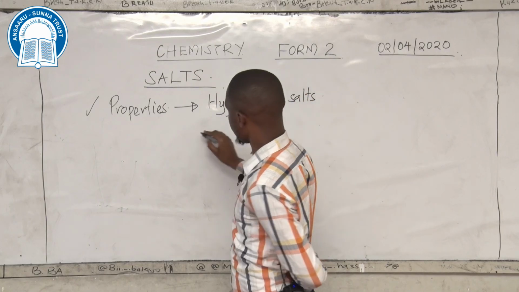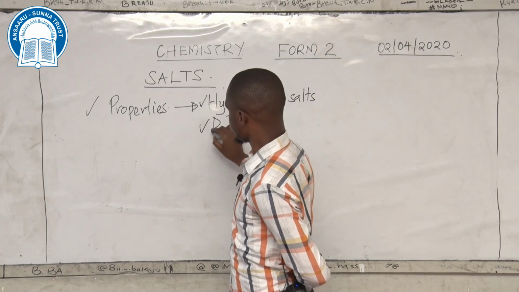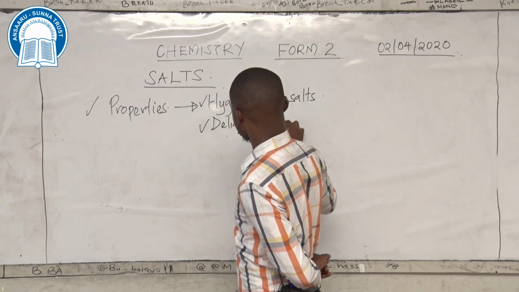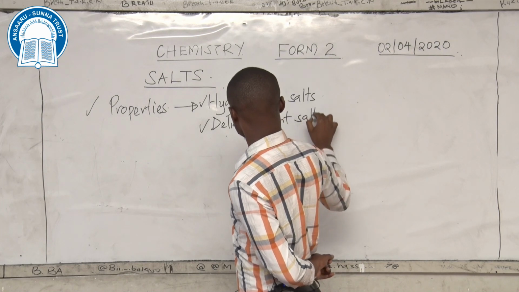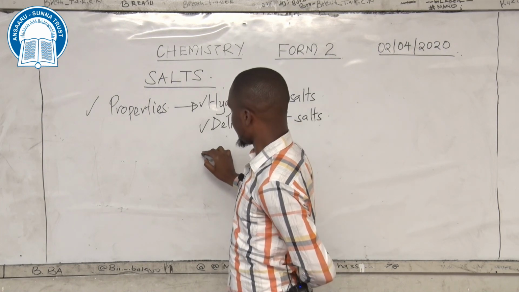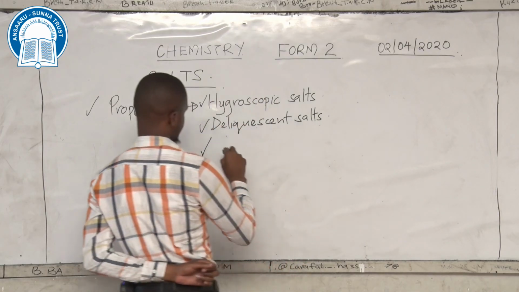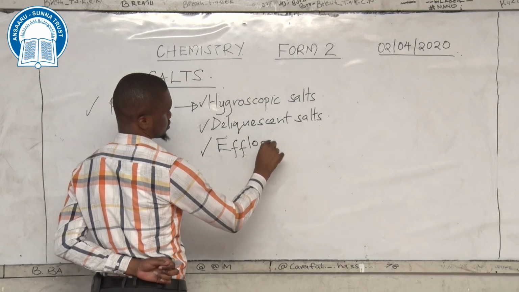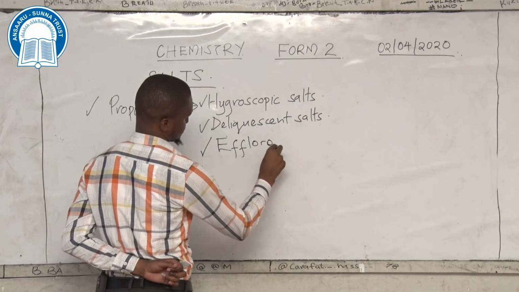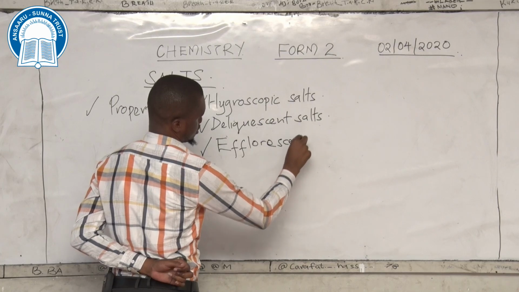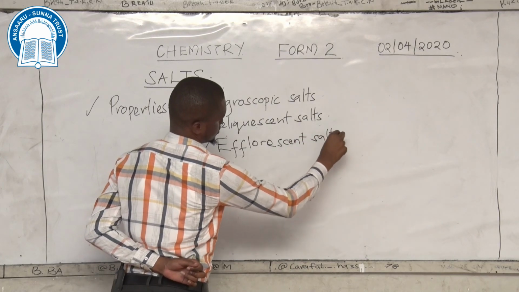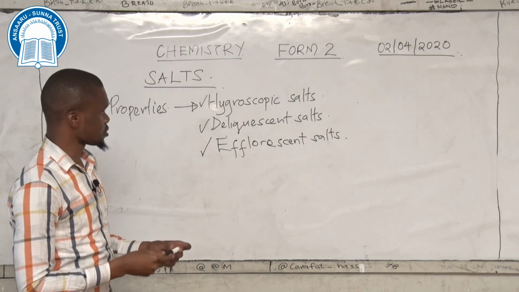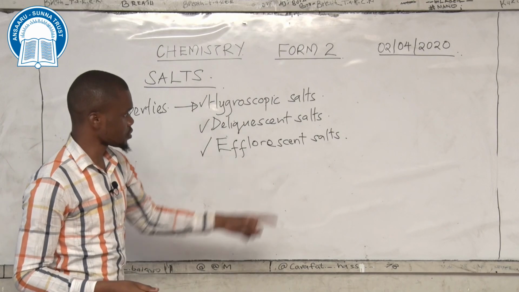We also talked about the deliquescent salts, and we were to talk today about efflorescent salts. I had given examples for the hygroscopic and deliquescent salts.